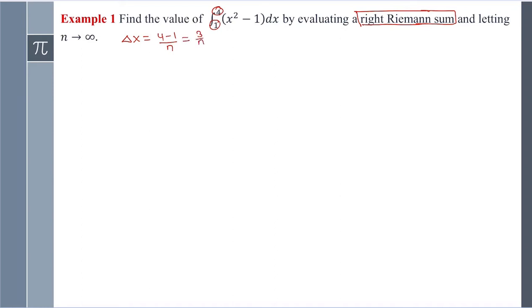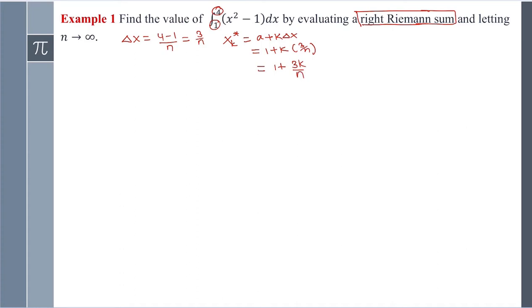Now if you remember, I gave you the order of the procedure that we follow here. We find delta x, then we find x sub k star, the point that determines the height of the rectangle. For the right Riemann sum, it is given by a plus k times delta x. Here a is 1 and delta x is 3 over n, which means we have 1 plus 3k over n.